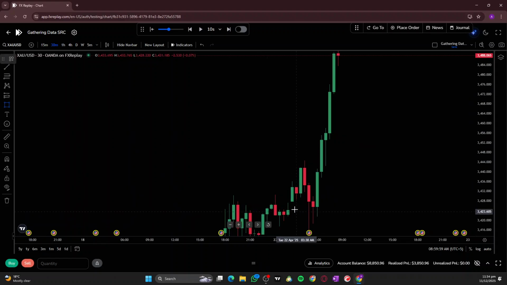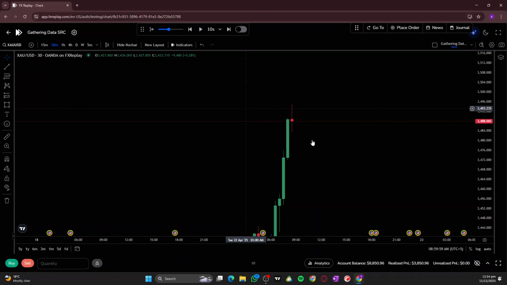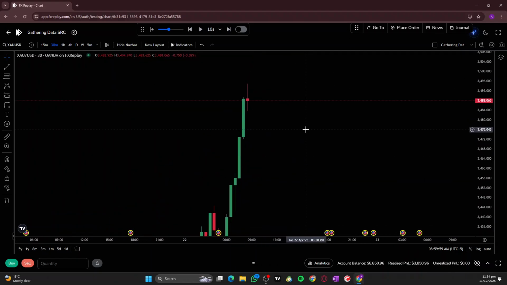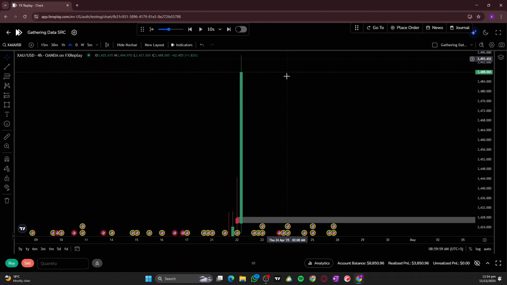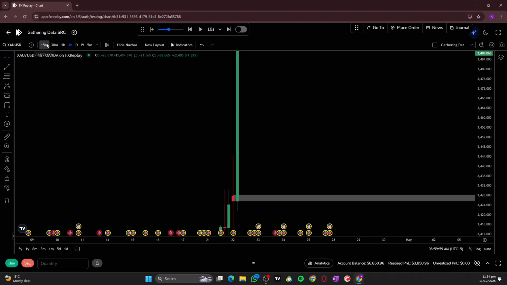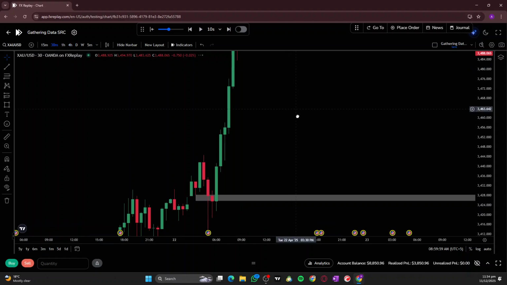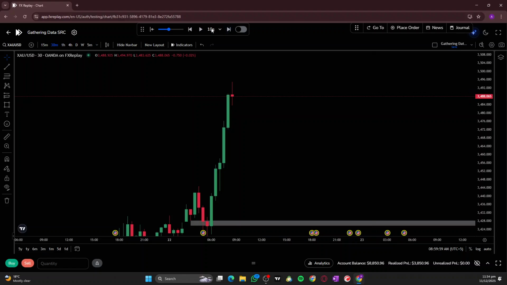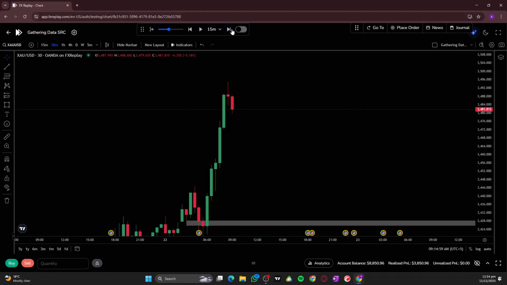Over here, this is a support. Man, price is just going up. It should definitely come for something. Let's see the 4 hour. Oh, freaking. Okay, let's see. Let's look for something.